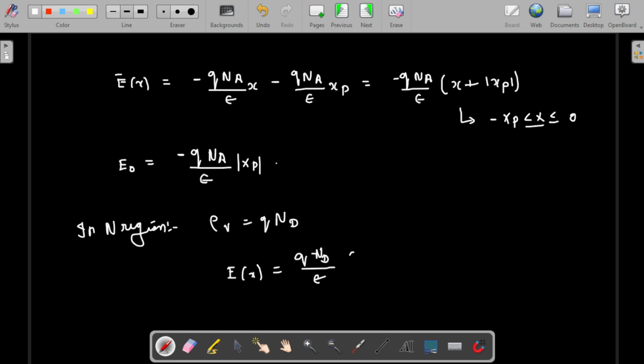I'm directly writing the last equation; if you need, you can try it. This is the electric field equation from x to x_n. Here if we substitute x equal to 0, E of 0 will be equal to minus q N_D divided by epsilon into x_n. This thing we have also already found.